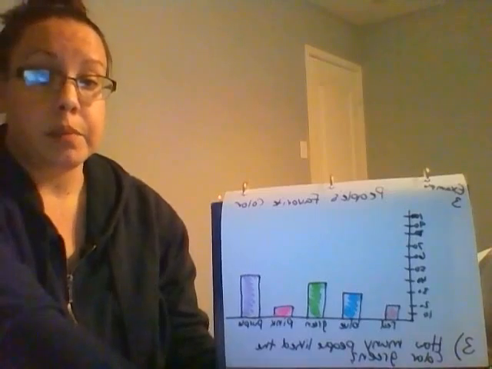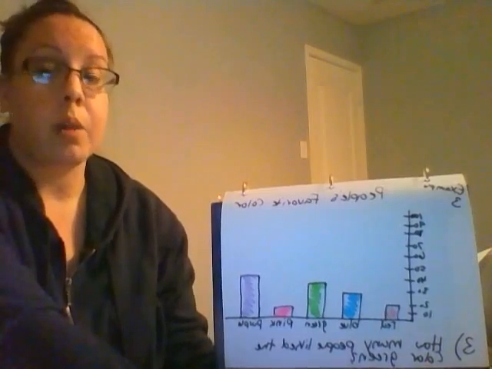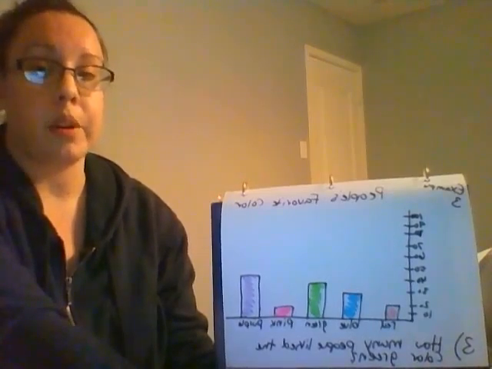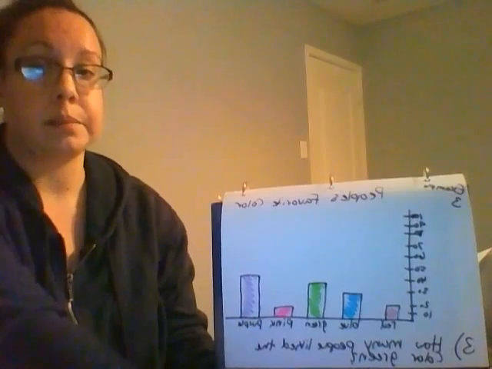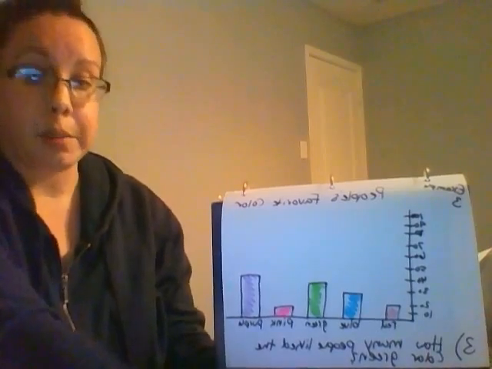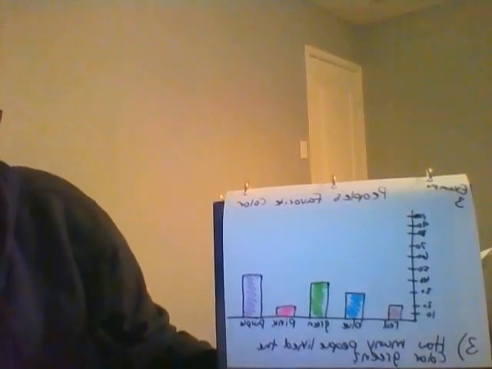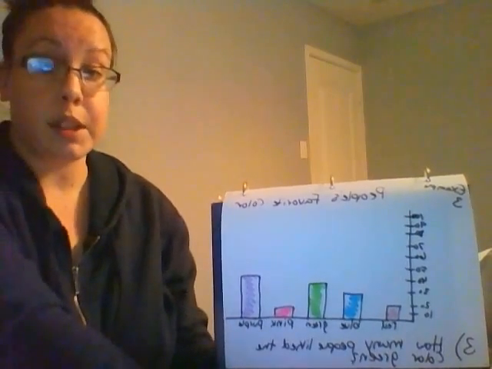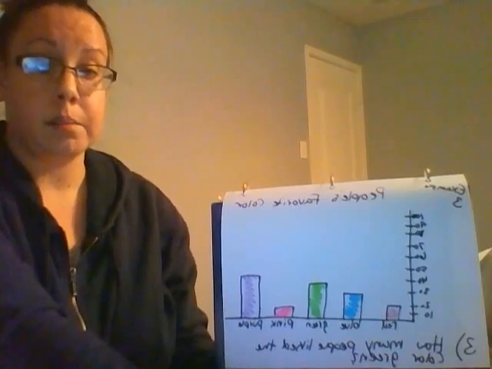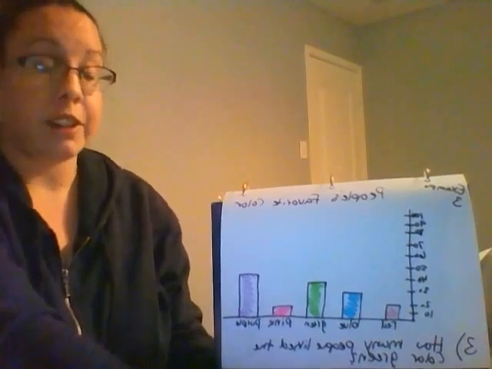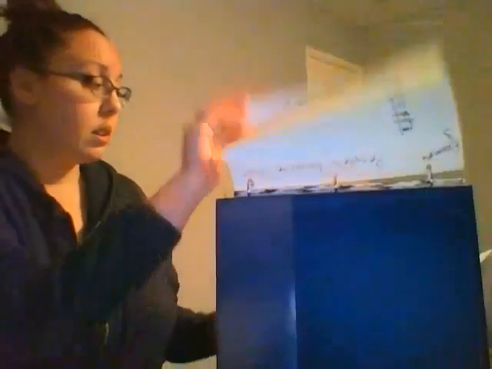Stephanie, what do you do? Right, you would find the bar that has the green. So how many people like the color green? How many do you think? 30? Very good. Very, very good.